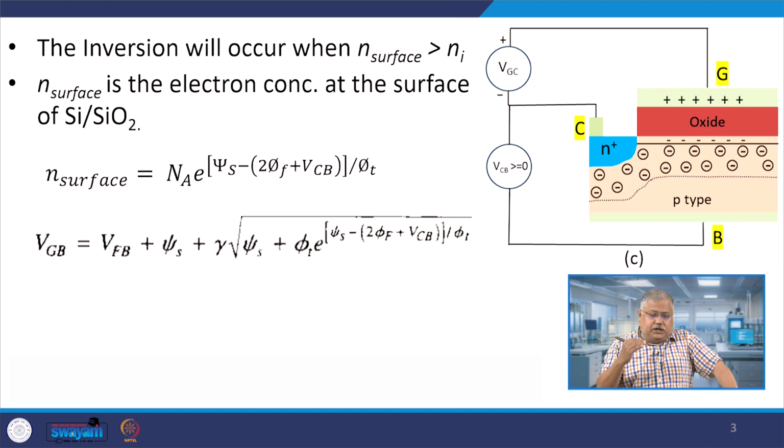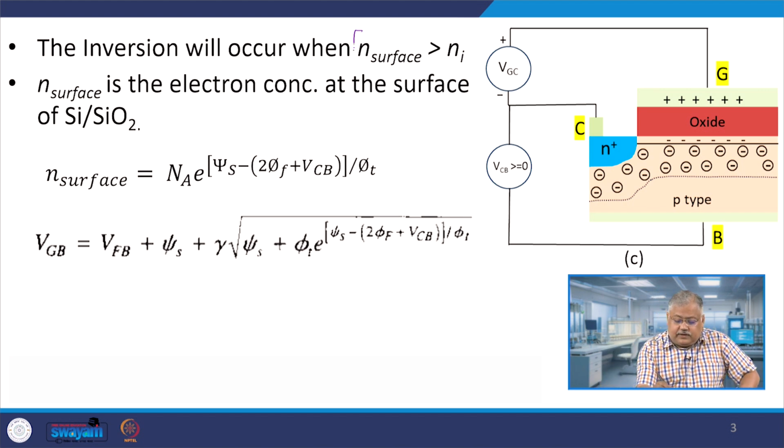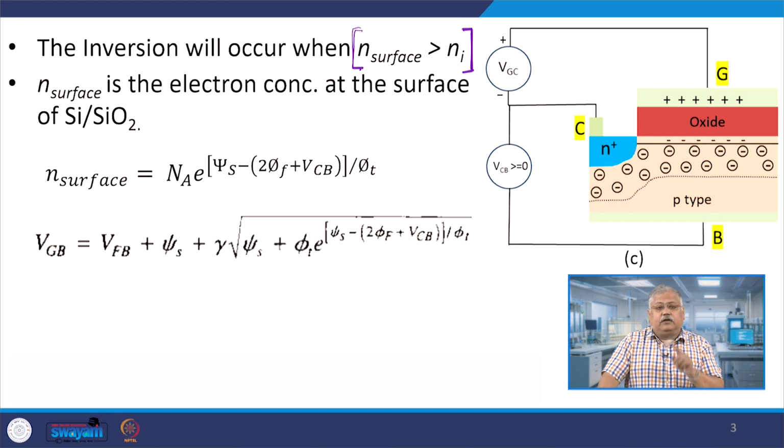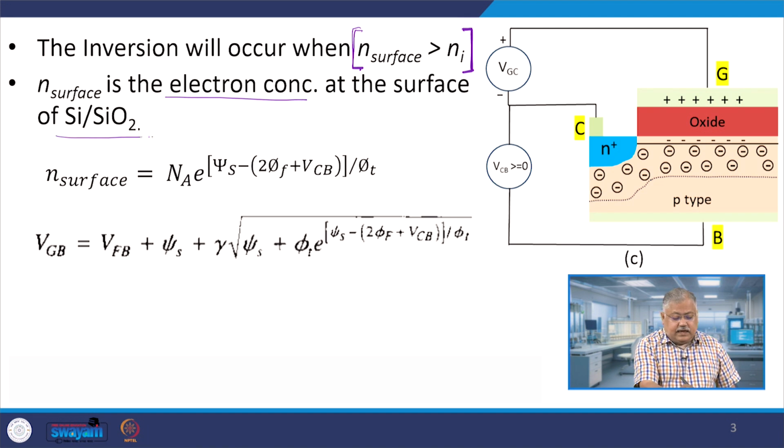So, you will form a depletion and then you will form an inversion, and that can happen when your surface charges are more than the intrinsic carrier concentration near the silicon dioxide interface, right. N surface is basically the electron concentration at the surface. Which surface? Silicon dioxide surface.